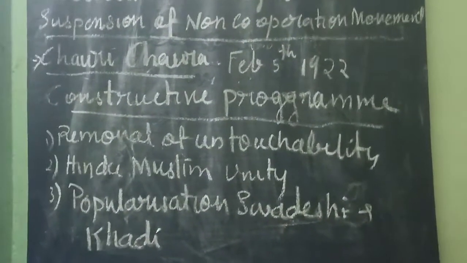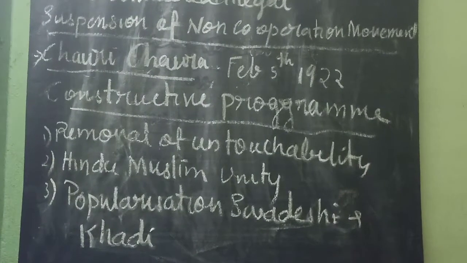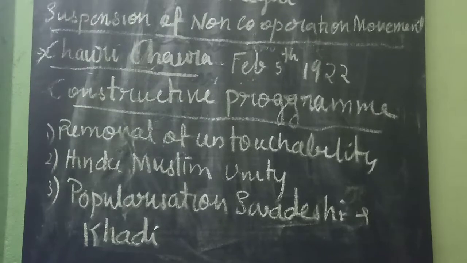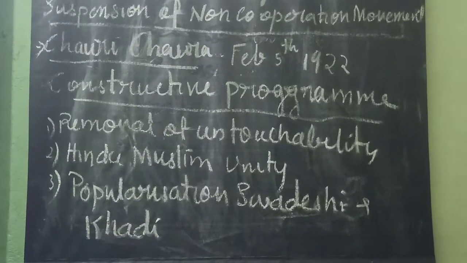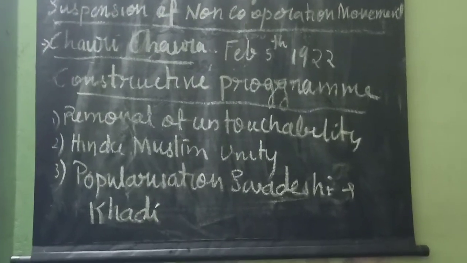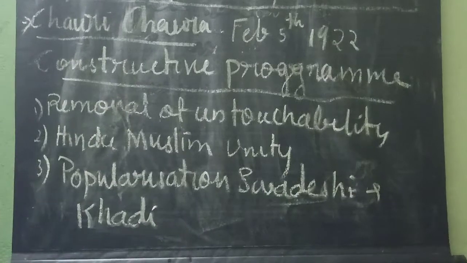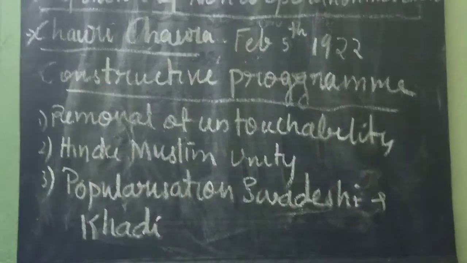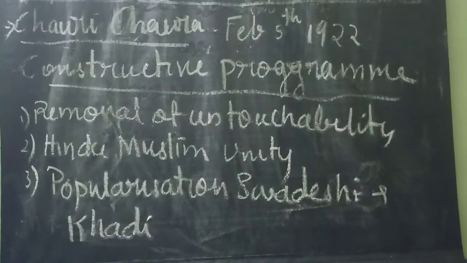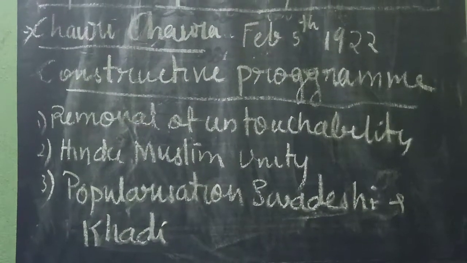Gandhiji followed a policy of ahimsa and non-violence. But when the peasants, our own country's farmers, killed 22 policemen, the non-cooperation movement lost its value of ahimsa and non-violence.